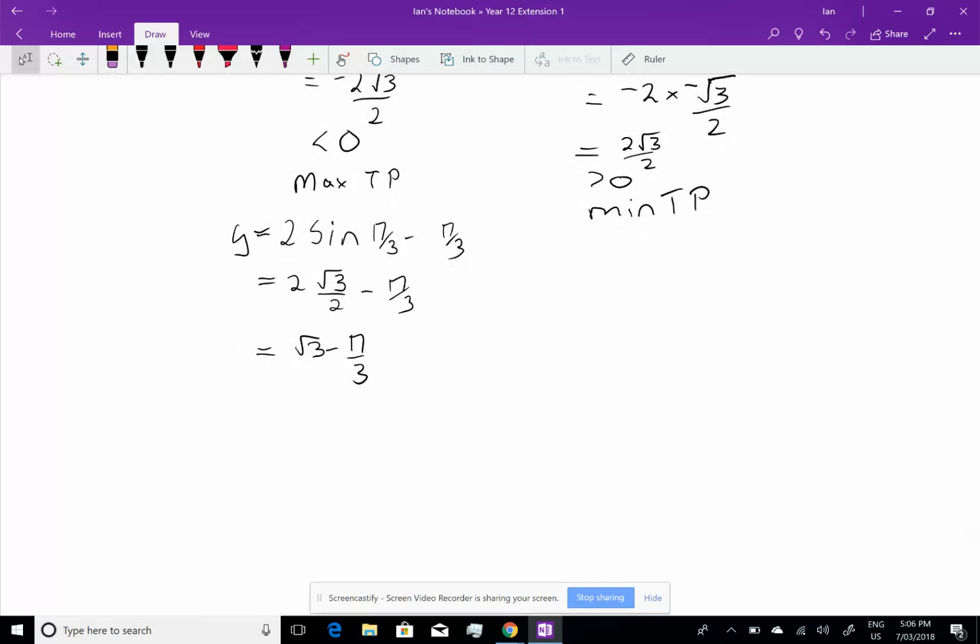So this point is pi on 3 and root 3 minus pi on 3, and it's a max.